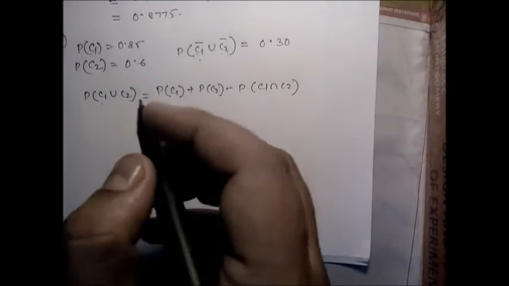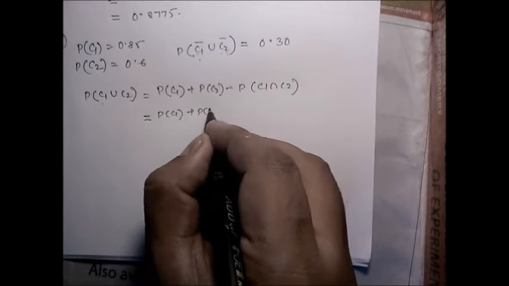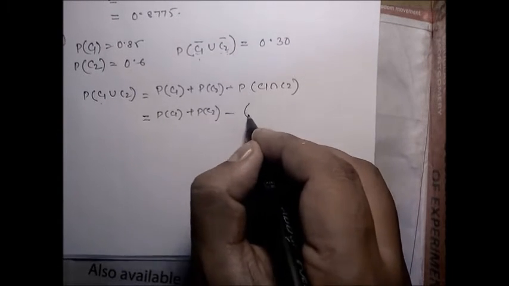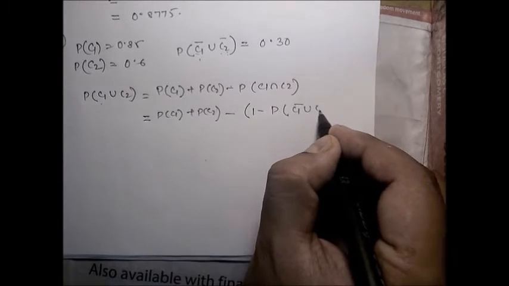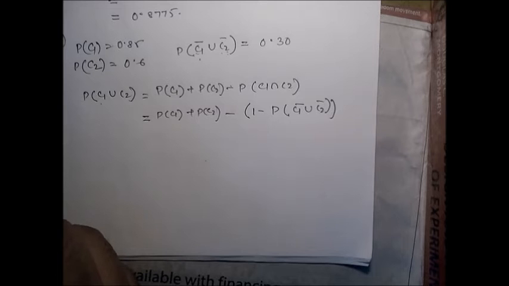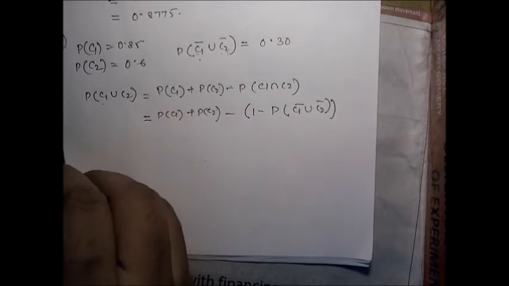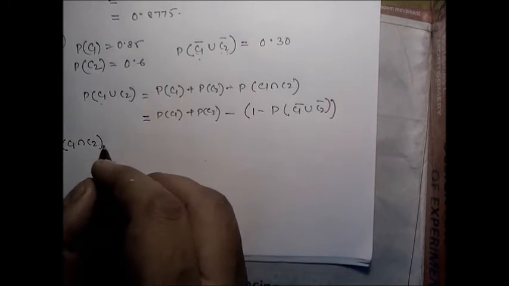Clear? So here instead of C1 plus C2, we can write 1 minus probability of C1 bar union C2 bar. Okay, so you can select C1 intersection C2.